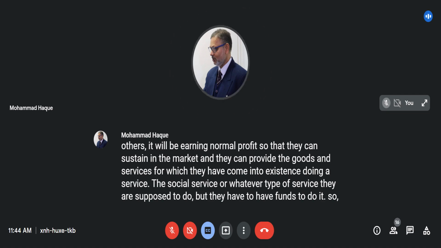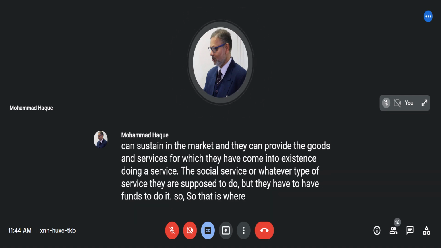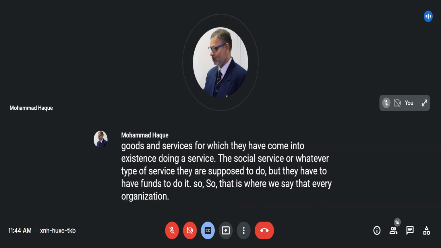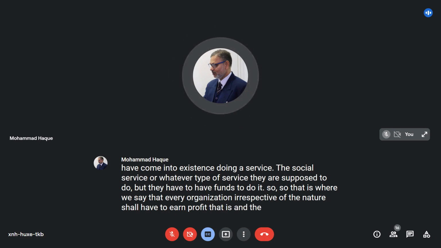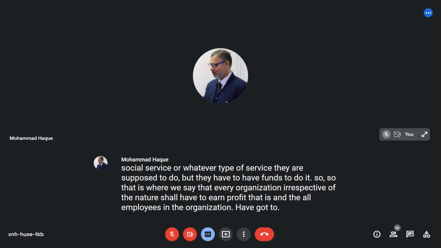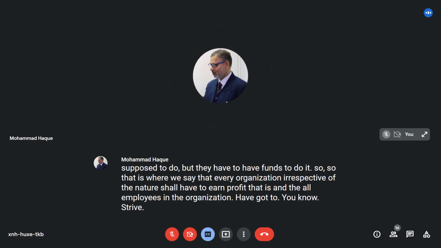So that is where we say that every organization, irrespective of the nature, shall have to earn profit. And all employees in the organization have got to strive to gain that profit, to achieve that goal of the organization.